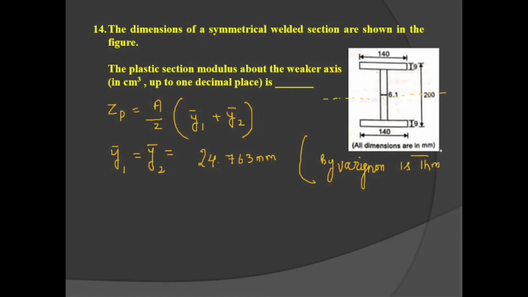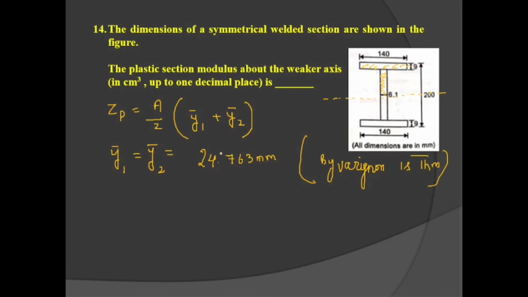This is the net center of gravity of the top area, y1 bar, and the net center of gravity of the bottom area is y2 bar. Okay, that is okay.